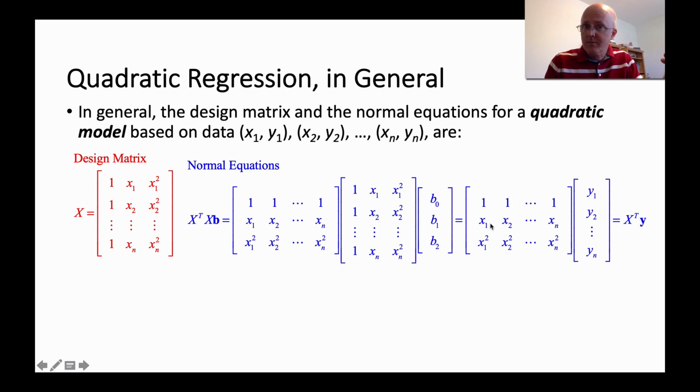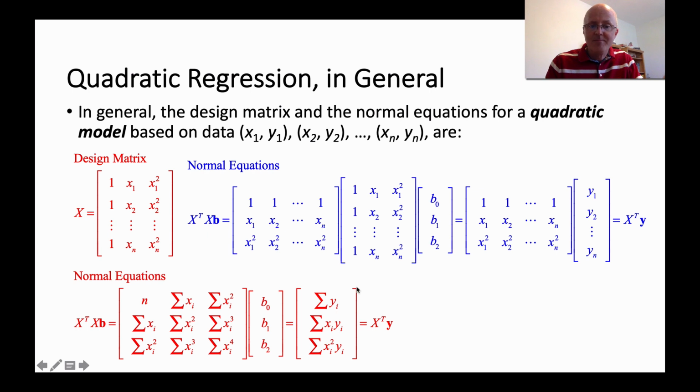That has to equal the right-hand side of the normal equations, which can be found as x transpose times y. So over here, this is the left-hand side of the normal equations, x transpose x times b. Over here, this is the right-hand side of the normal equations, x transpose times y. The left-hand side does simplify: the product of these two matrices is this 3 by 3 matrix. The upper left entry is n. For our example, that was a 5.